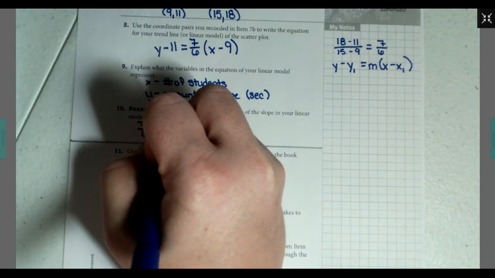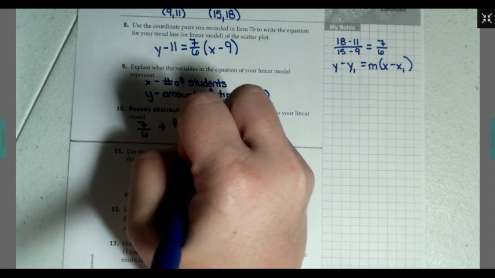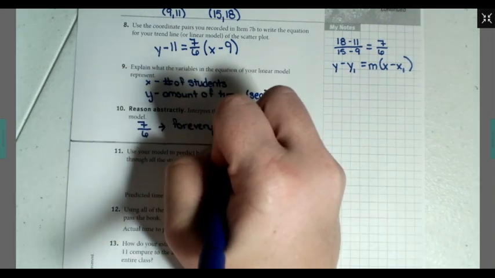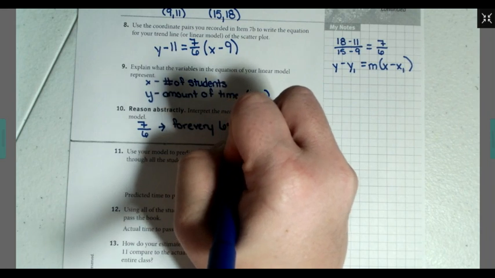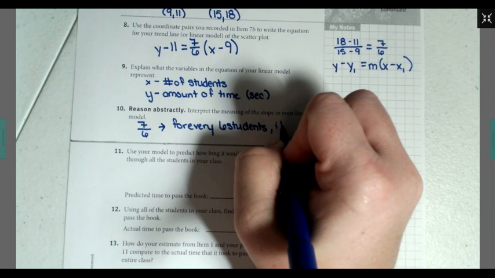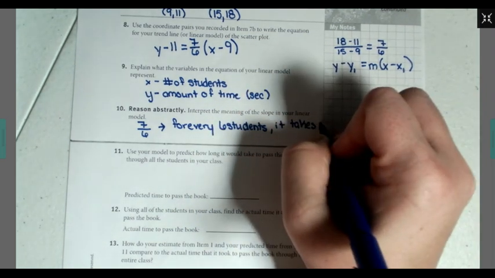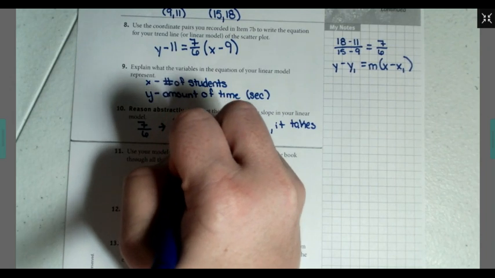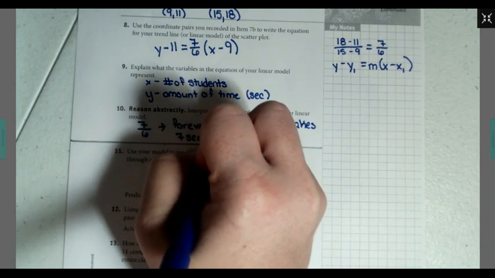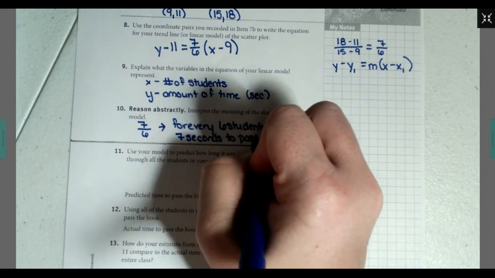So what this is basically saying is for every 6 students, it takes 7 seconds to pass the book.